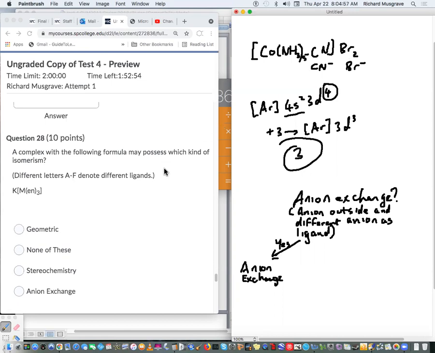In this instance, I know that you're going to have different letters here, A to F. The anion exchange is still possible as long as there's an anion on the outside, and then you can assume that one of A to F here is going to be a negative charge that could be exchanged. So that would be how I'd handle that.